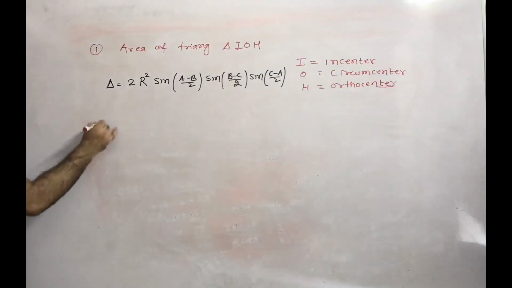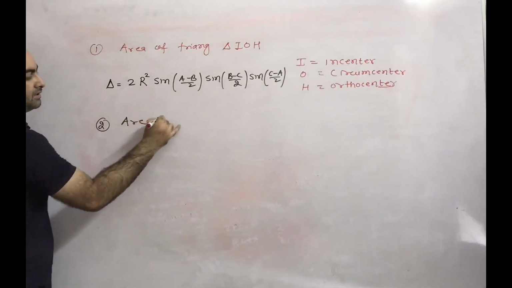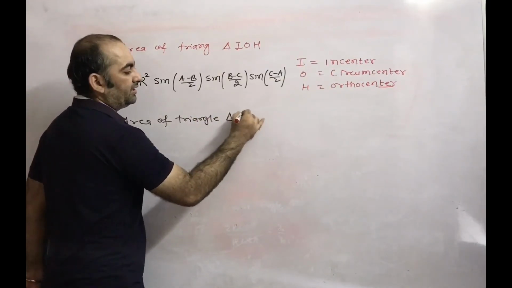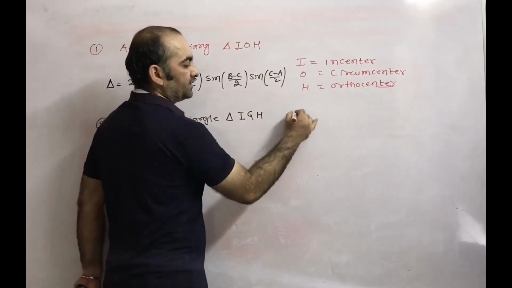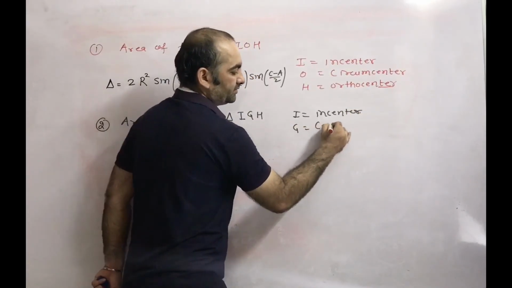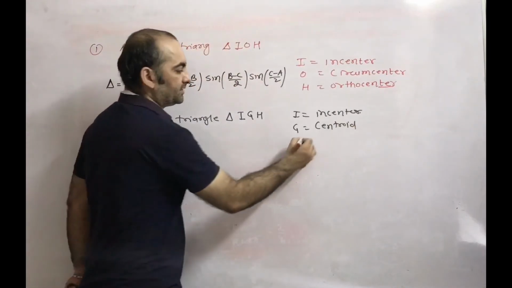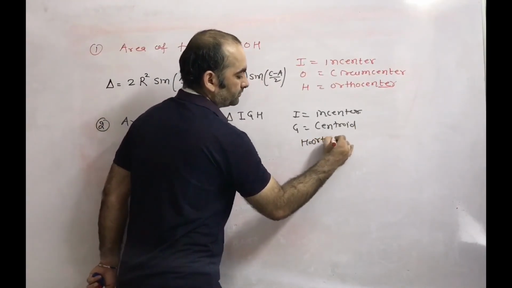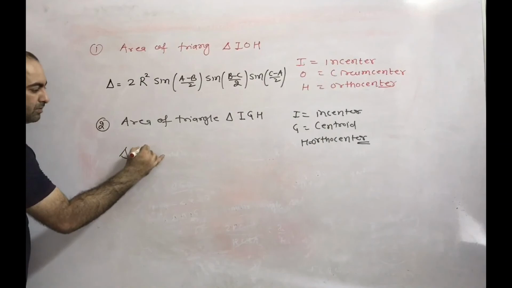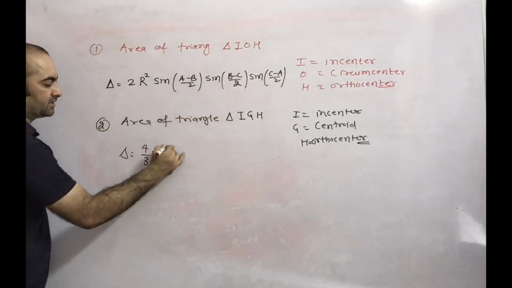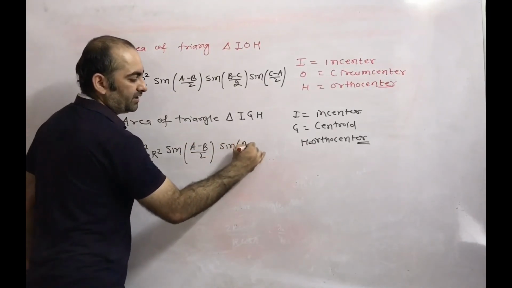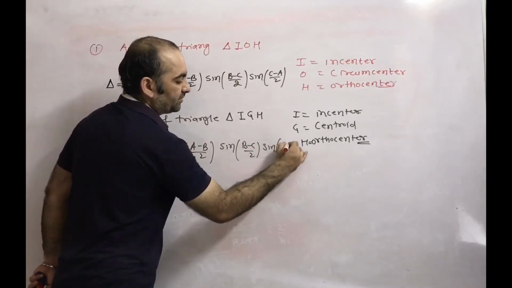Similarly, the other formula is the area of triangle IGH, where I is the incenter, G is the centroid, and H is the orthocenter. This area is 4/3 R square, and this one as it is, sine of (A minus B) by 2 into sine of (B minus C) by 2 into sine of (C minus A) by 2.